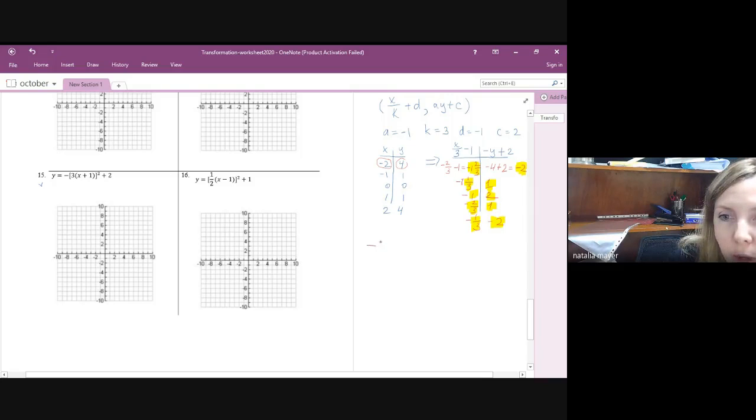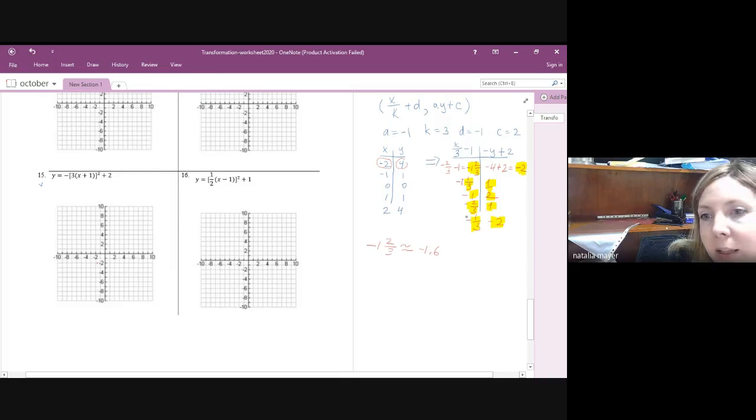So -1 and 2/3 is approximately -1.6. Okay, so -1.6 is somewhere here, and then its y value is -2. So -1.6 is going to be here. So this is my first point.